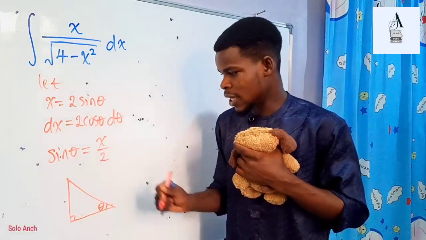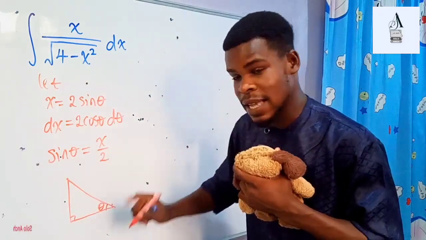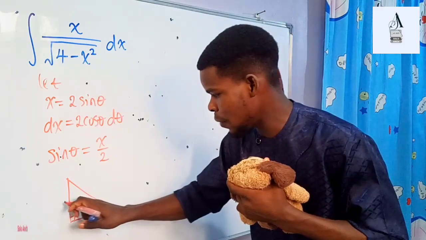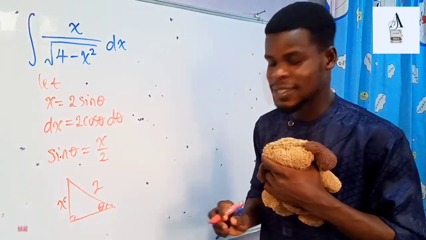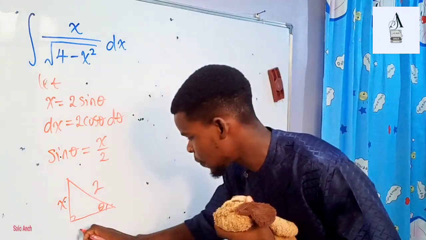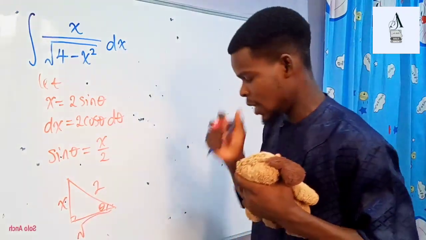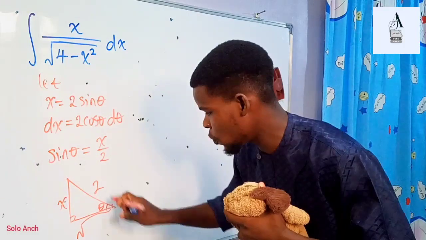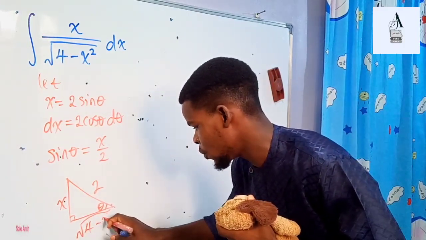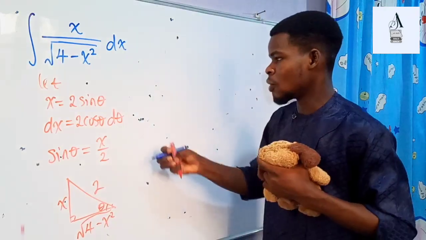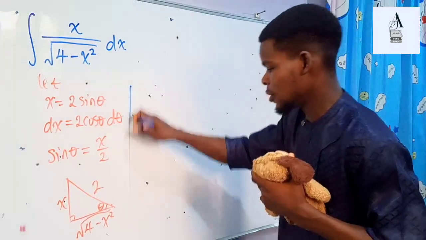If sine of an angle theta gives us x over 2, and sine is always opposite over hypotenuse, that means opposite will be x and the hypotenuse will be 2. That tells us that the adjacent side to the angle, using the Pythagoras rule, will be the square root of 2 squared, which is 4, minus the square of the other side, which is x squared. Okay, great. So have taken note of all of those facts.